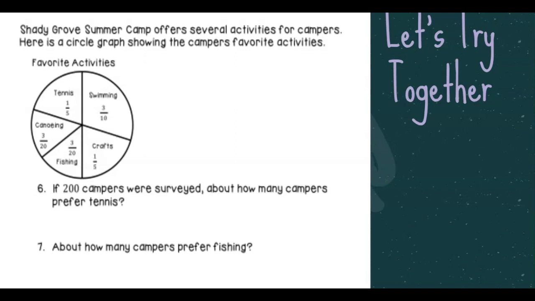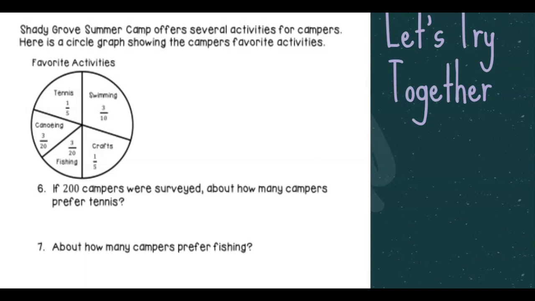So if we look at the previous example, his numerators were 1. So if I take these numbers that were given to me, here we have tennis with a fraction. So we'll write tennis is equivalent to 1/5.